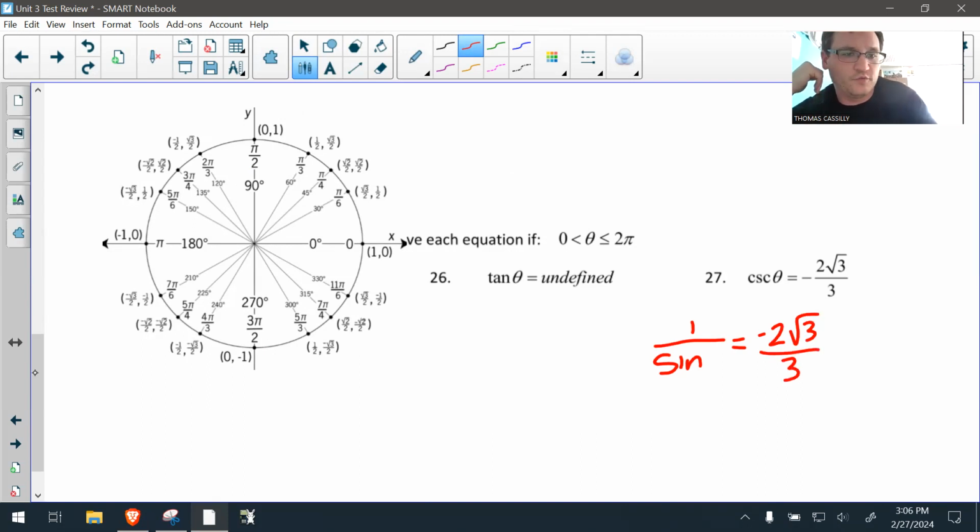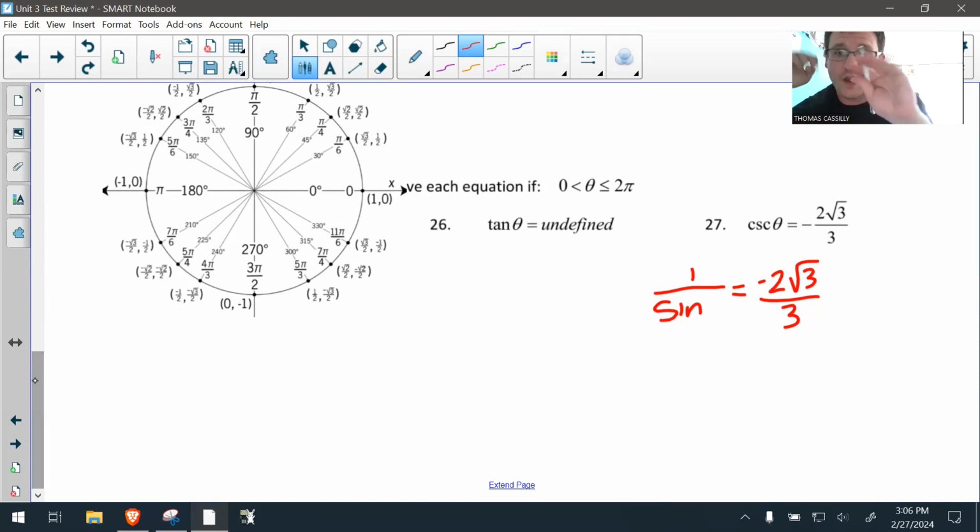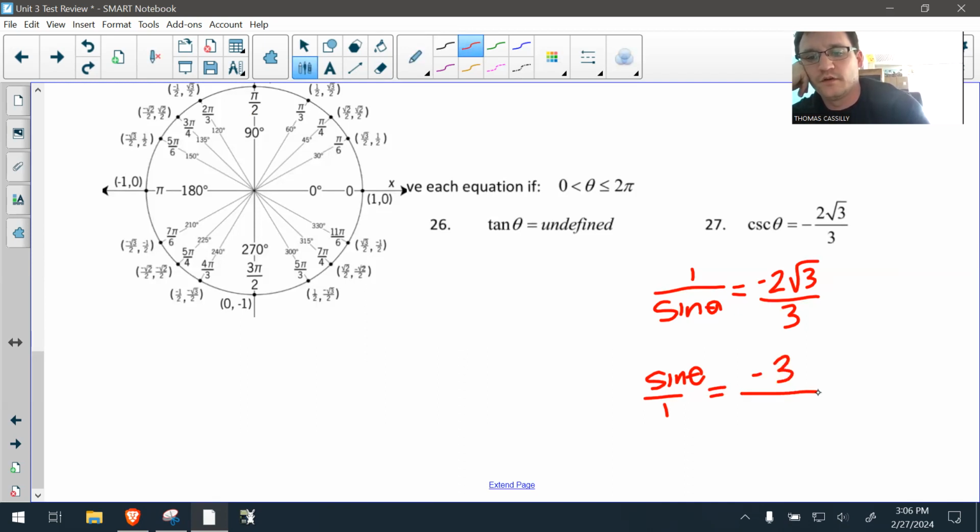Here's a trick from algebra 2, or maybe even algebra 1. You have two equivalent fractions. If you flip them both upside down, they remain equivalent. So I'm just going to say, all right, the sine of theta, I should put my thetas in here, right, is going to equal, I'm going to keep the negative on top, negative 3 over 2 square root of 3, right?